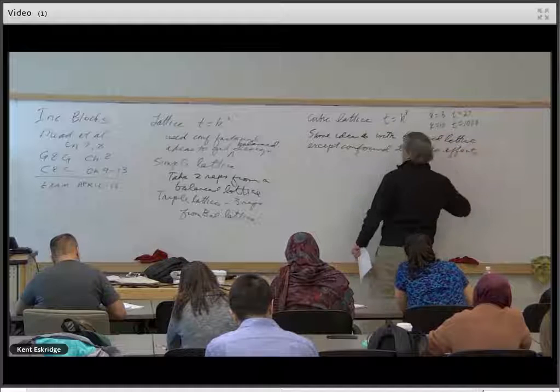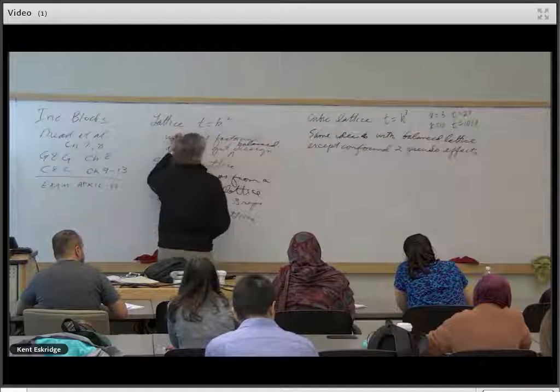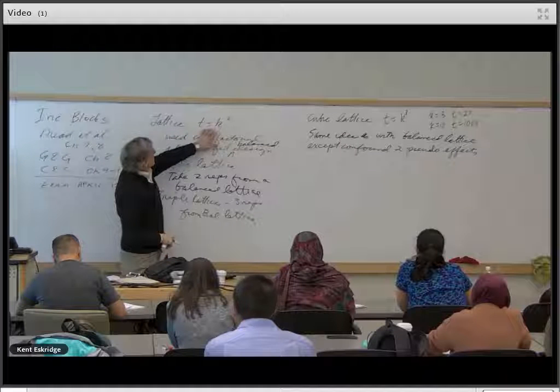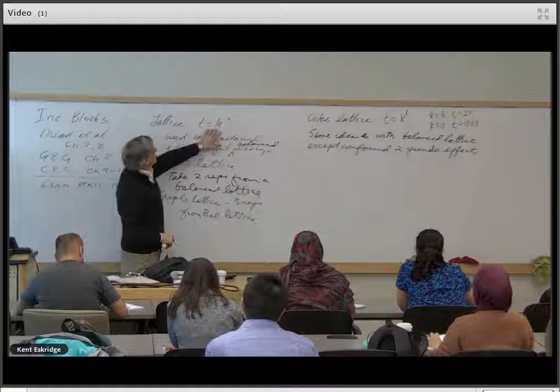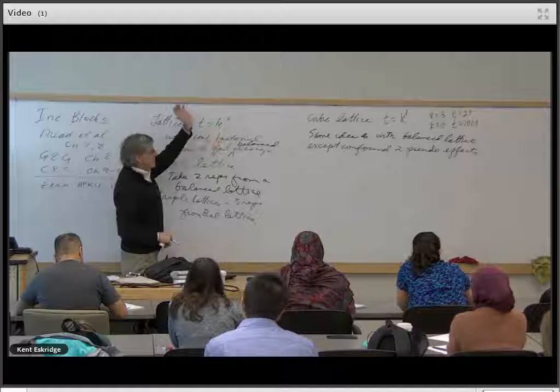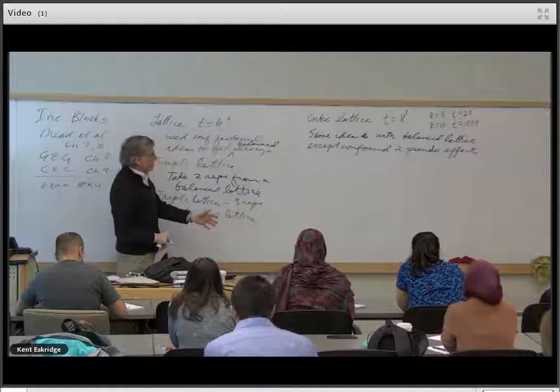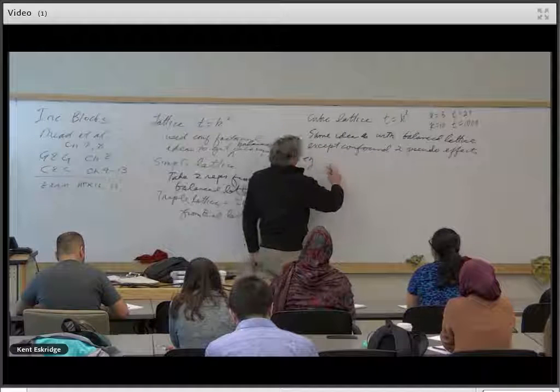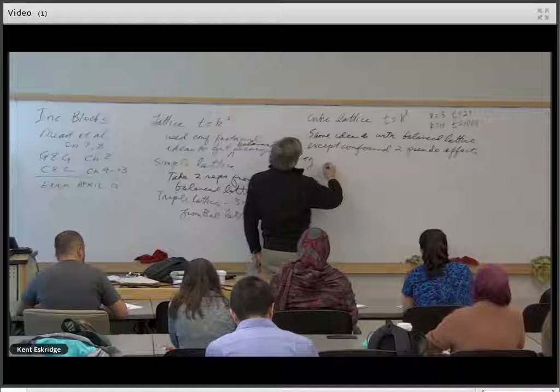In the balanced lattices, we just had to confound one pseudo factor, right? So if we have 9 treatment combinations in blocks of size 3, then we just had to confound one effect, right?